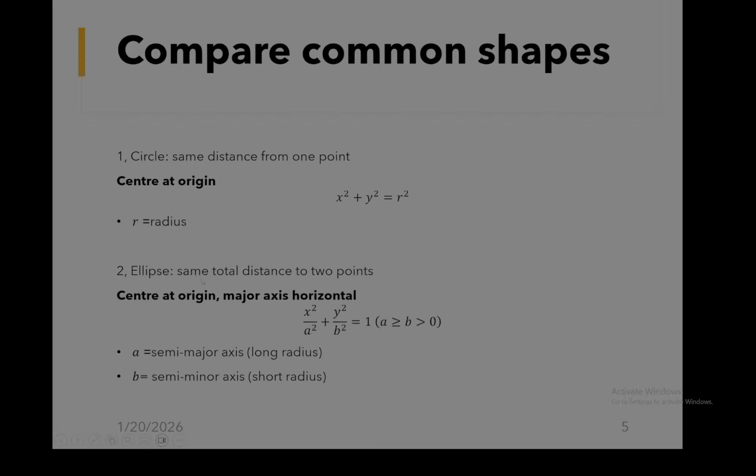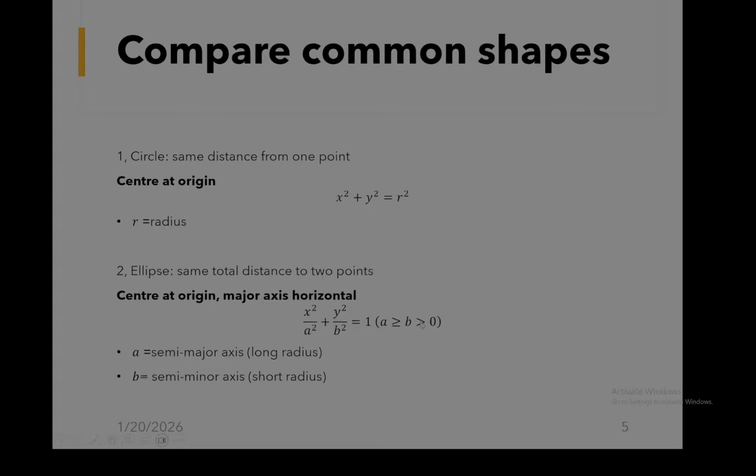Ellipse, the same total distance to two points, right? With the center at the origin and the major axis horizontal, the standard form is, don't forget this is the plus sign, x squared over a squared plus y squared over b squared equals 1, where a is greater than b and greater than 0.